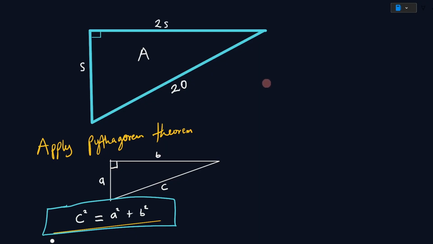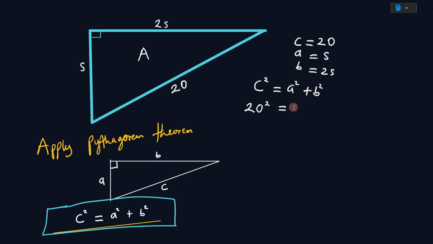This now means that since C is 20, A is S and B is 2S, Pythagorean C squared is equal to A squared plus B squared. So if we substitute, this is 20 squared equal to A, which is S squared, plus B, which is 2S, so this is (2S) squared.